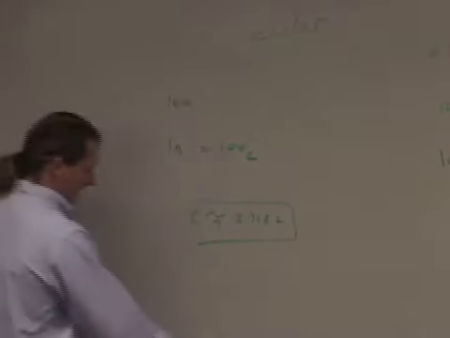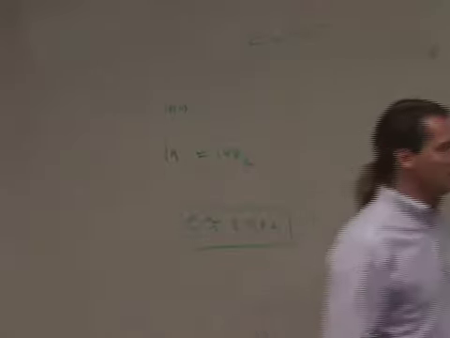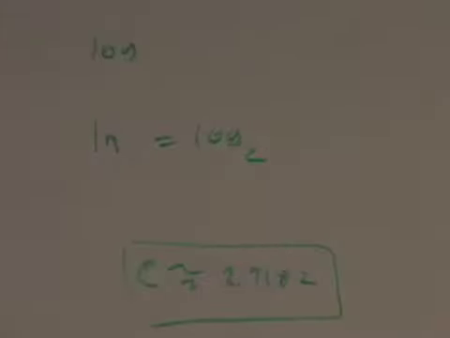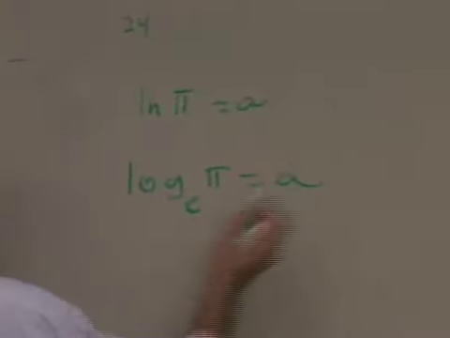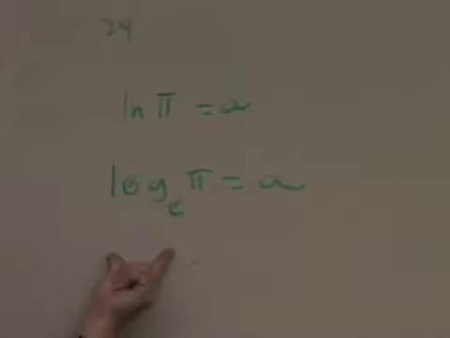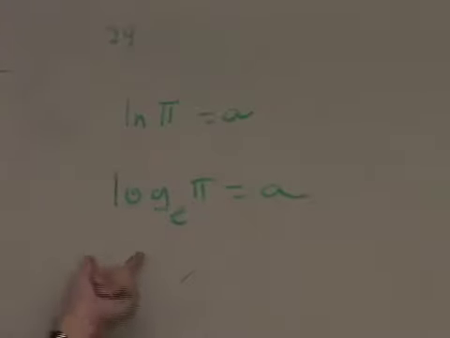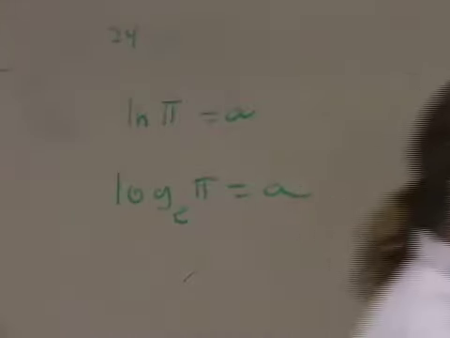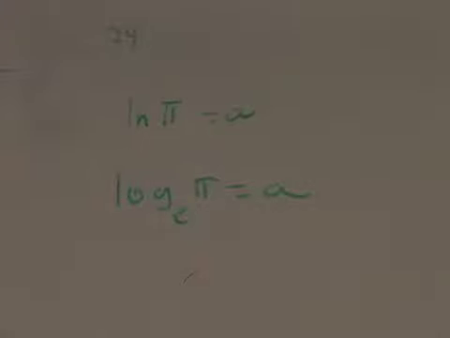The reason I say that now was to do this problem right here. Do you mind if I put this back in the term log base e of pi equals a? Because the ln is the same thing as log base e. It's the natural log function. And the question said you take the logarithm equation and put it back into exponential form.